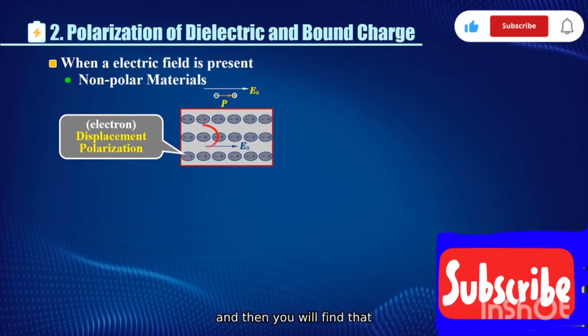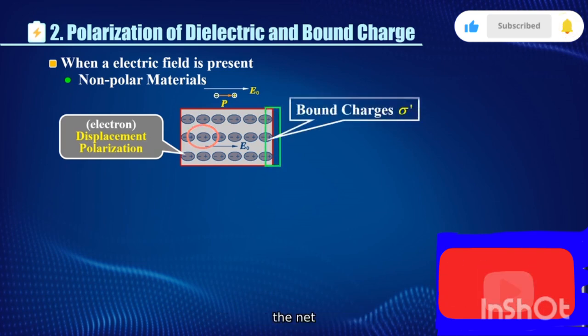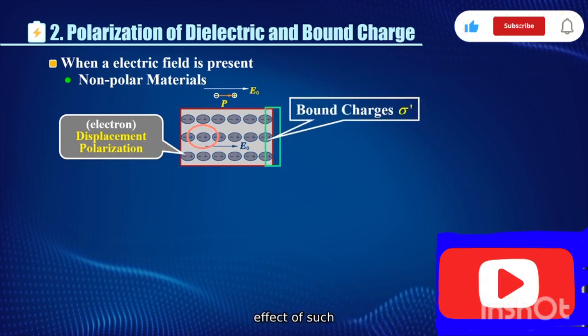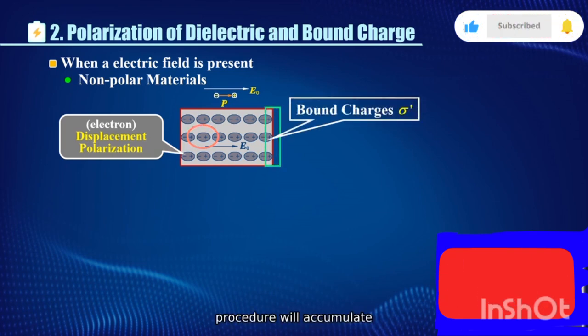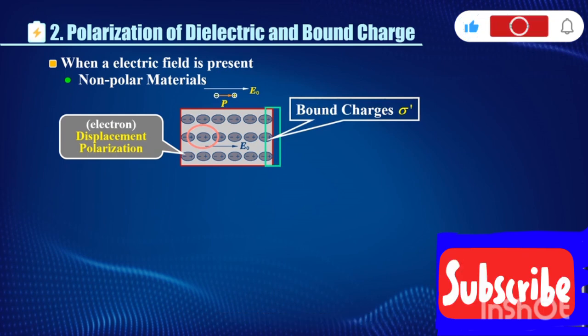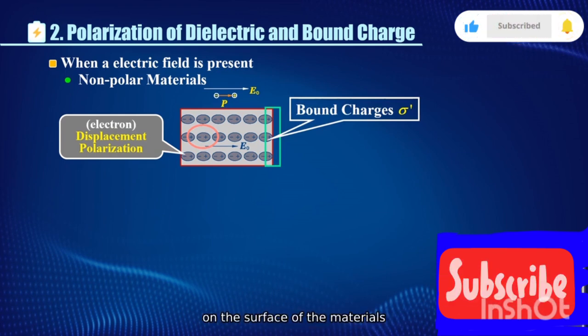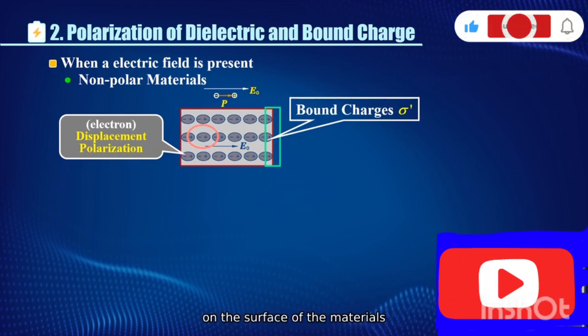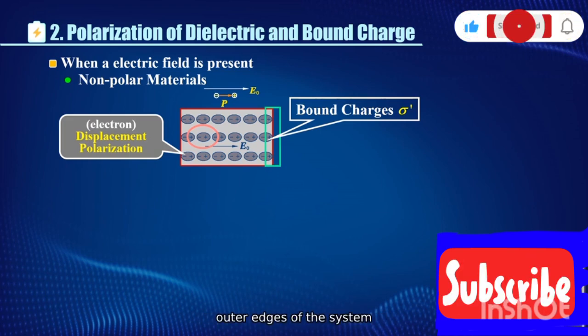The net effect of this process is to accumulate bound charges on the surface of the material, on the two outer edges of the system.